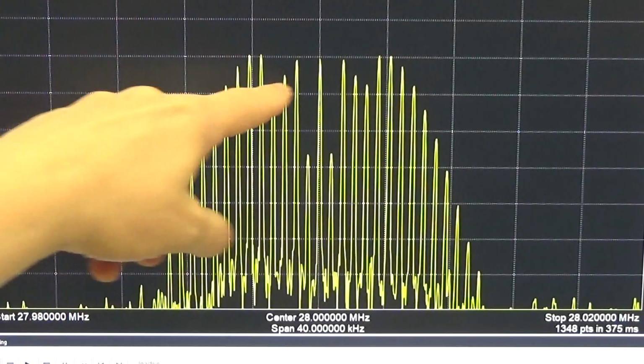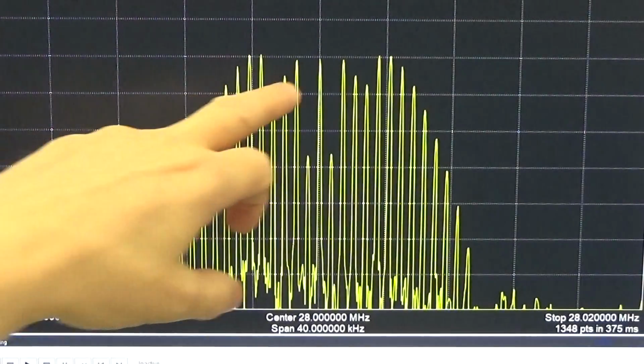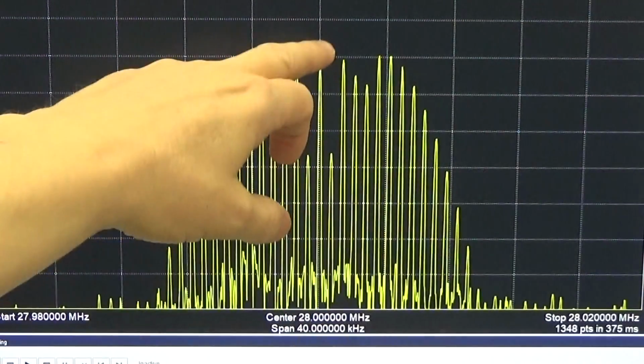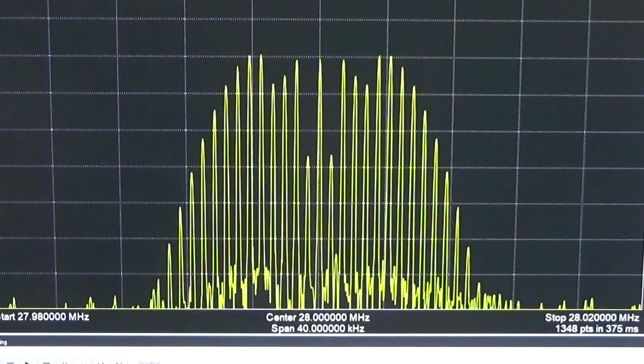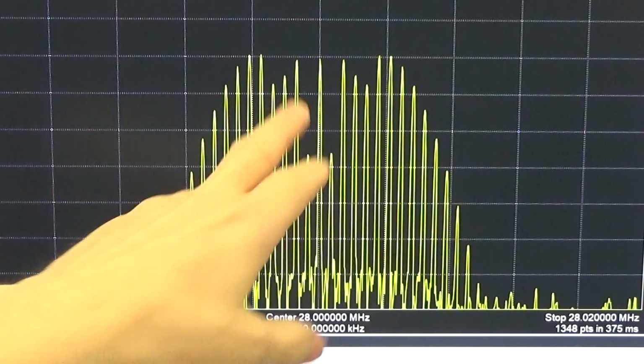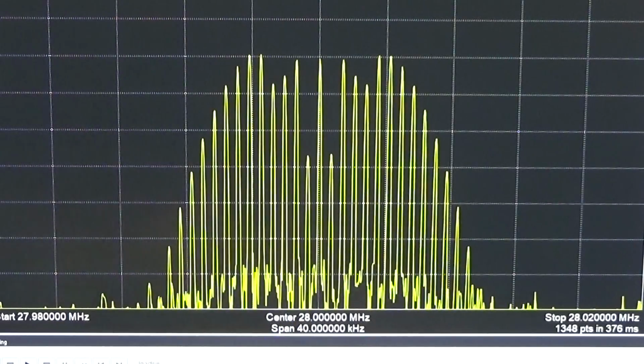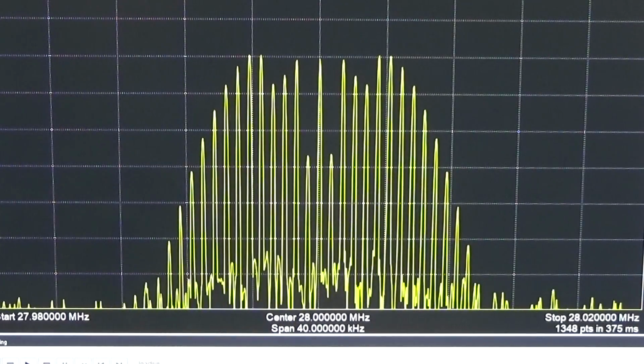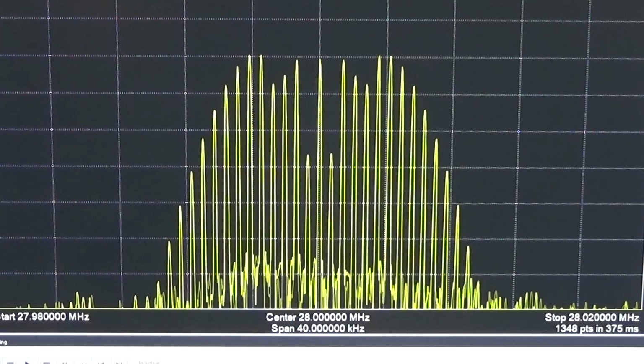And of course, very important to us is our fundamental tone, which sits here on our carrier, 28.0 megahertz.